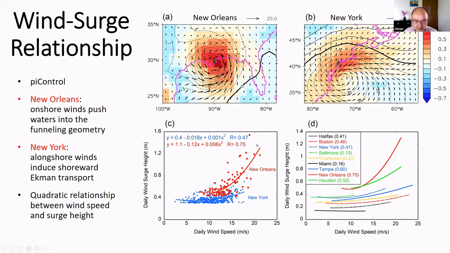So you can see the difference between the two locations. And panel D shows the wind surge relationship at other coastal cities in the CM4 control simulation.